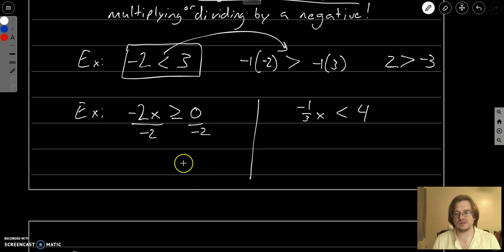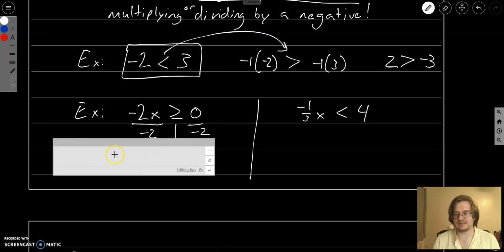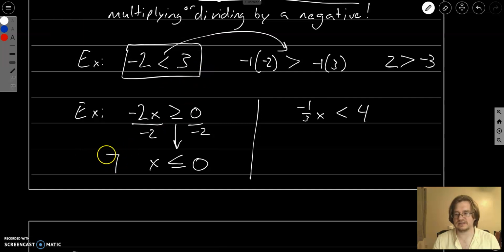And when I do, I've got to flip the inequality. 0 divided by negative 2 is going to be 0. Negative 2x divided by negative 2 is going to be x. So again, this will be every number less than 0. So 0 down.